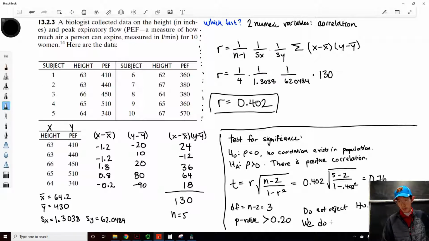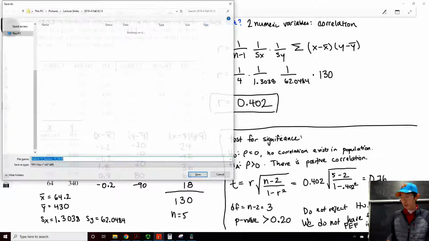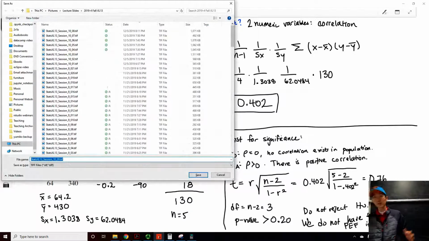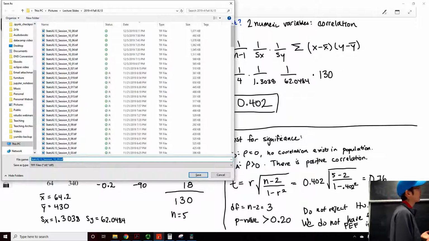And we'll say we do not have evidence that PEF is associated with height. Sorry, I'm squeezing this all in here. That's probably a consequence of having only 5 data points, right?